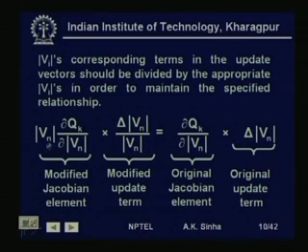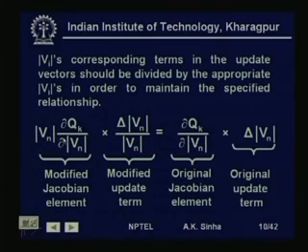So we are multiplying the terms of the J4 matrix by Vn, similarly multiplying the terms of the J2 submatrix by Vn, and dividing the ΔVn term by Vn; then we get the same relationship. So the equation is maintained by multiplying the J2 and J4 terms with Vn and dividing ΔVn by Vn.